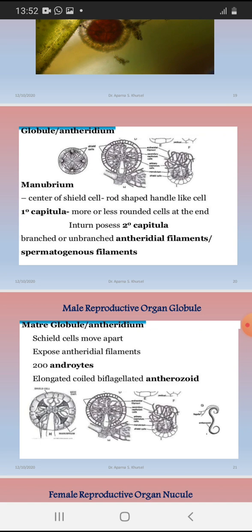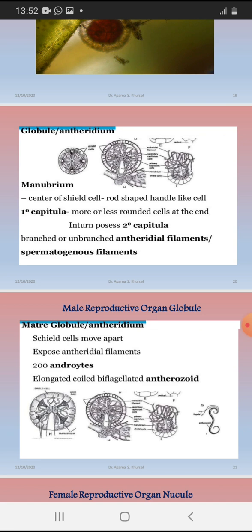Further, the secondary capitulum produces thread-like branched or sometimes unbranched coiled or uncoiled filament structure, and this filament structure is called antheridial filament.